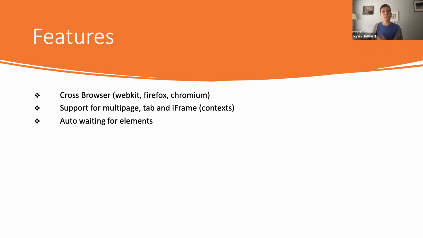So if it's interacting with a button, it's checking that it's completely loaded, it's checking that it's visible, it's checking that any animation is completed and that sort of thing. And it does all those checks before it even tries to interact with that element. Obviously, if those checks fail, then eventually it will time out. But it just gives your application a little bit of an opportunity to load before we try and interact with it. Stops you having to add your own sort of waits in tests.